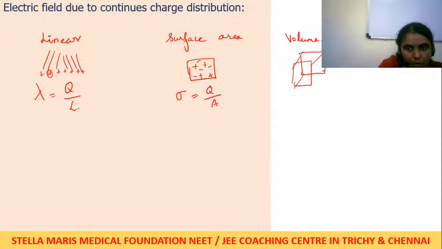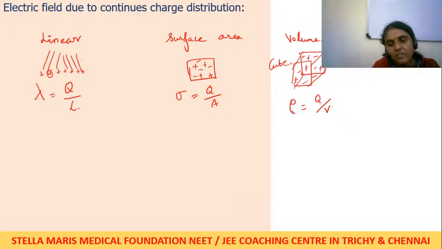For volume, consider the cube, so there will be a number of positive and negative charges present here. Rho will be the volume density, rho equal to Q divided by V. In the linear we considered the length L, for the surface the area A, and for the cube the volume V.